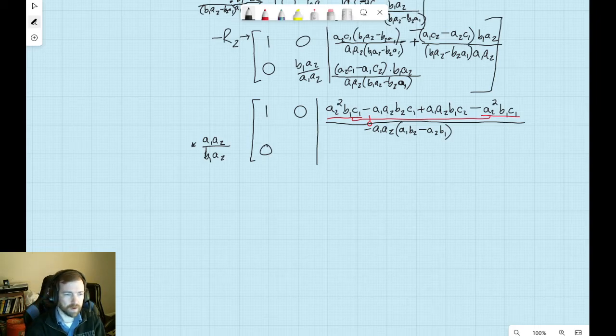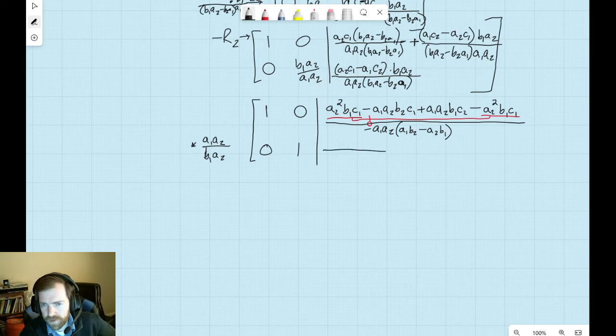Sure hope your homework wasn't prove Cramer's rule, because we're totally doing this. Alright, so A1, A2 would divide out from here, and then B1, A2 would also divide out from here. So we've got both of these terms in this fraction here. So those can just go away, which means what we're left with is a fraction.